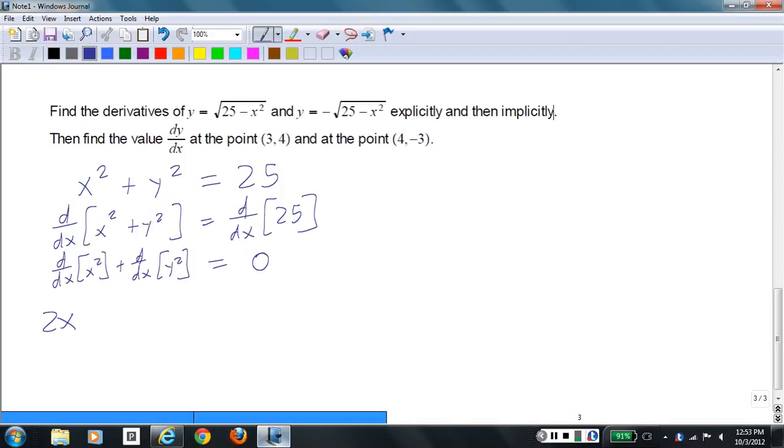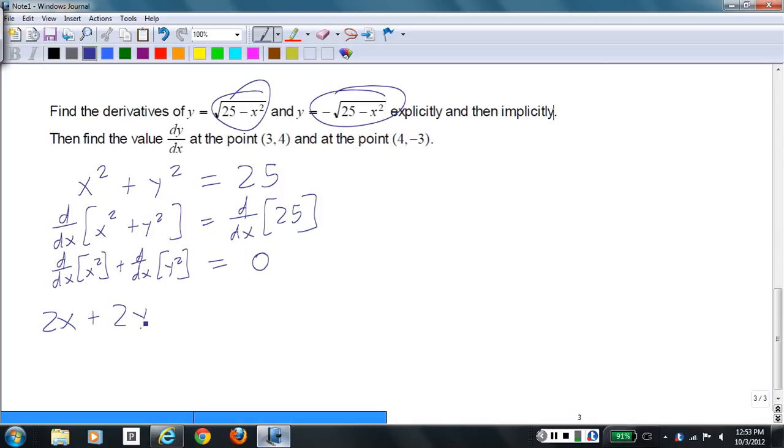See, y could be written like this, or it could be written like this, and it's almost like it's one of those expressions squared. So we got to think in terms of the chain rule. How do you take the derivative of something squared? It's 2 times that something.